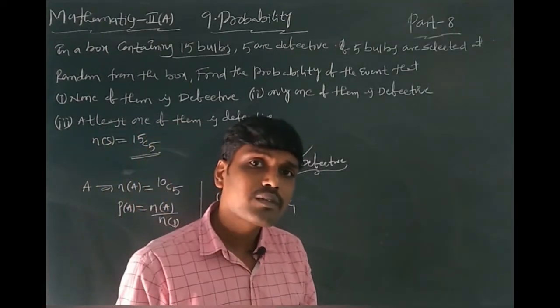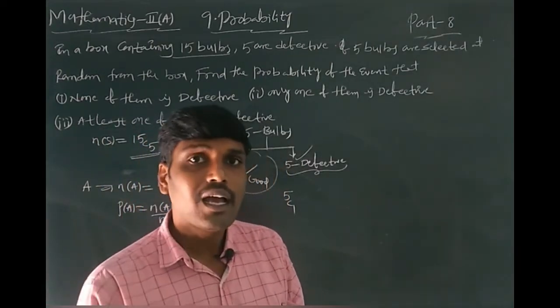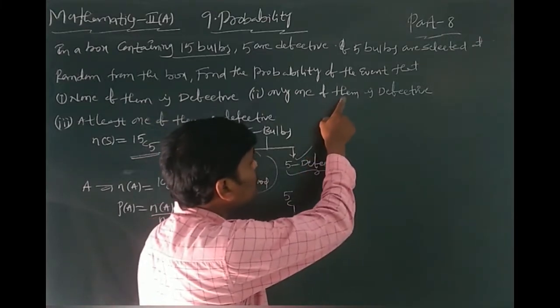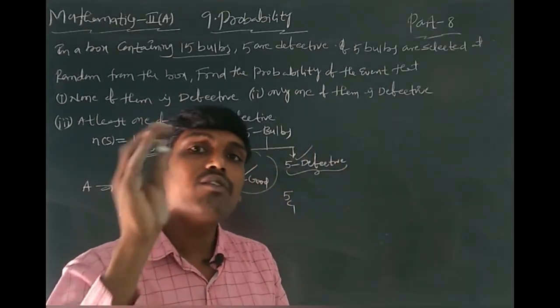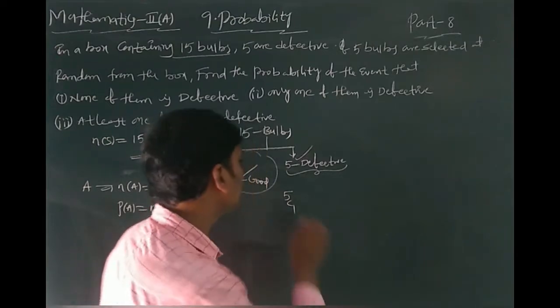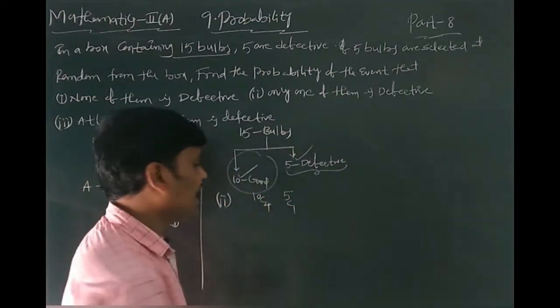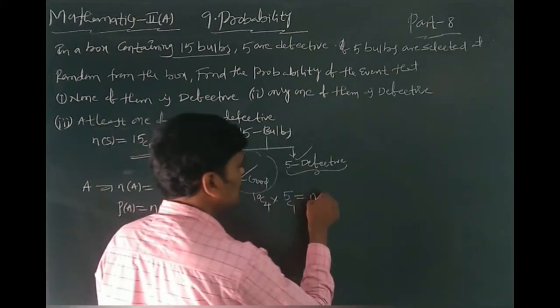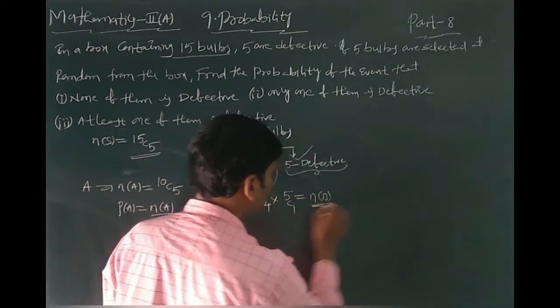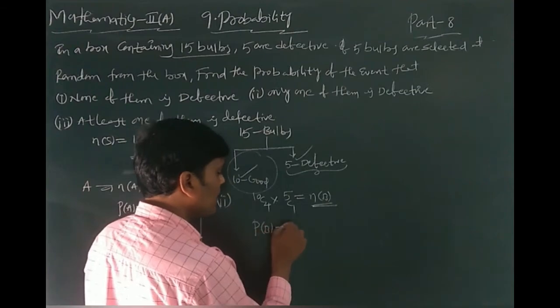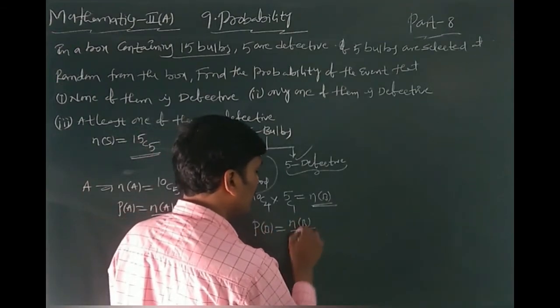The remaining 4 bulbs are good bulbs, so we have to select 4 from the 10 good bulbs, 10C4 into 5C1. This is event B, n of B. After that you can find P of B equals n of B by n of S.